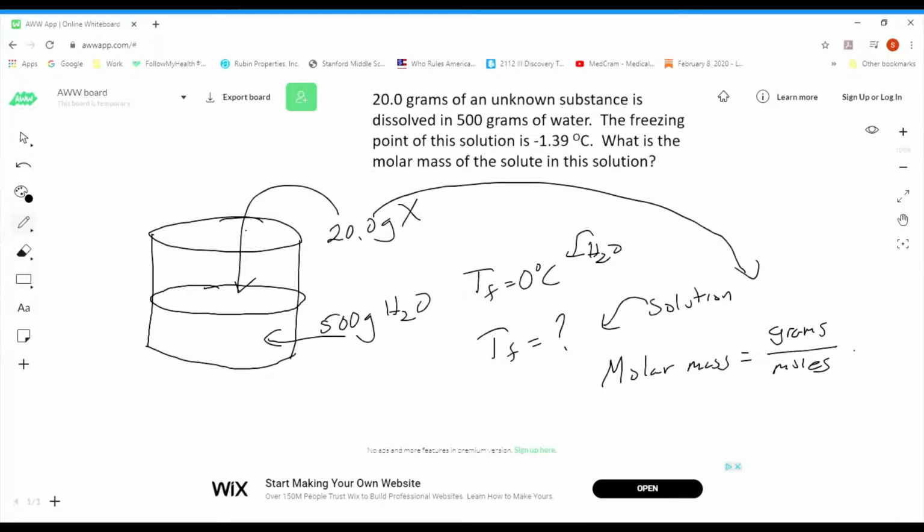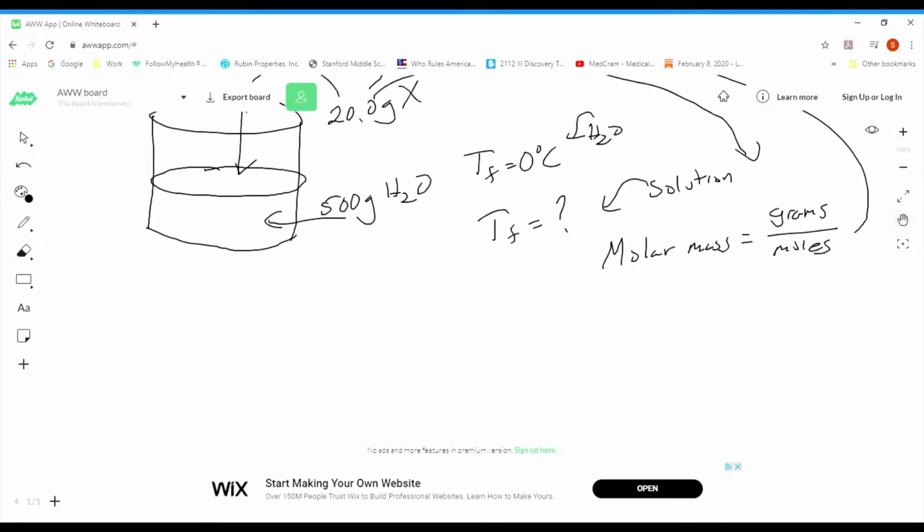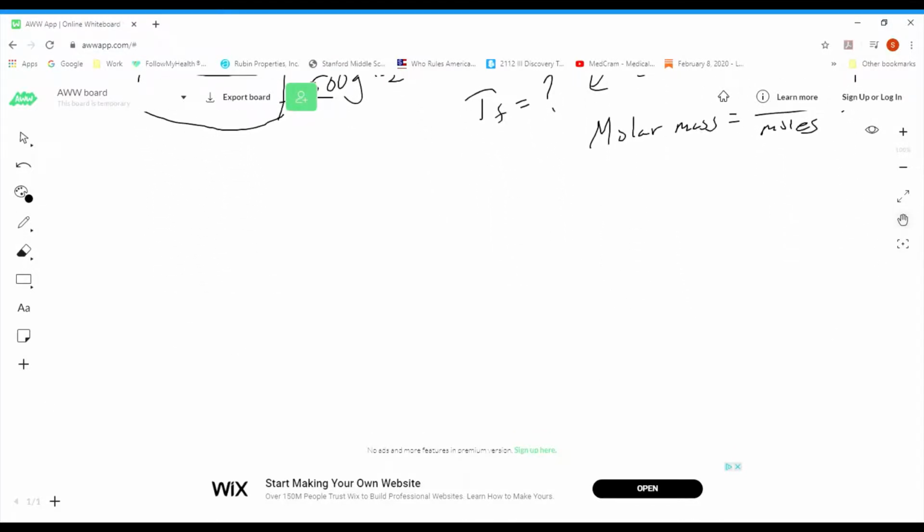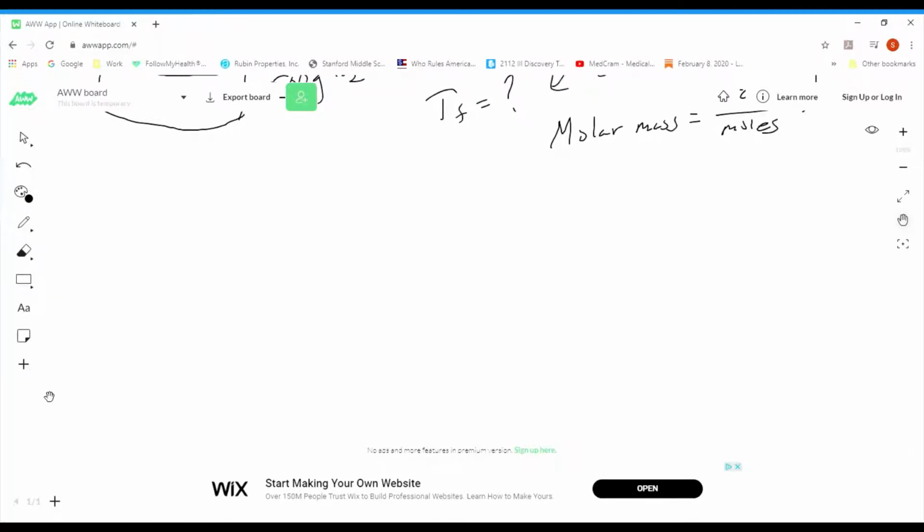The question is, how many moles of this substance went in there? So how many moles was 20 grams of that chunk? We're going to use our equations to try to figure out moles, because we have an equation that has moles in it.